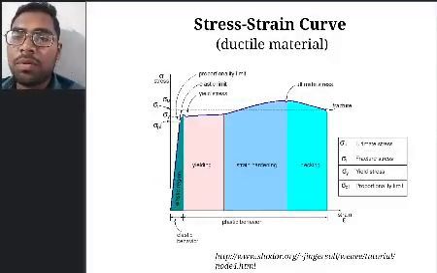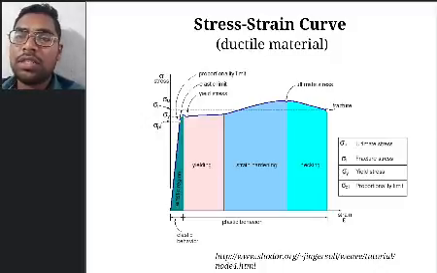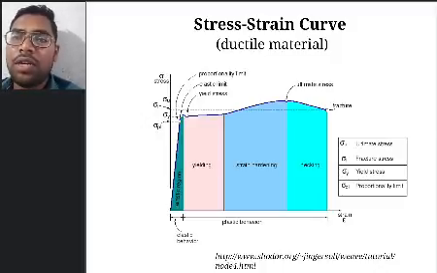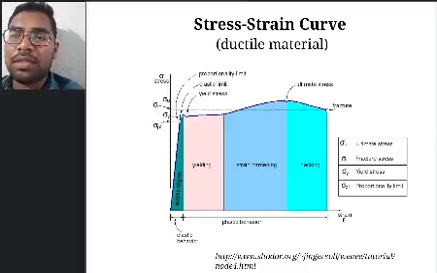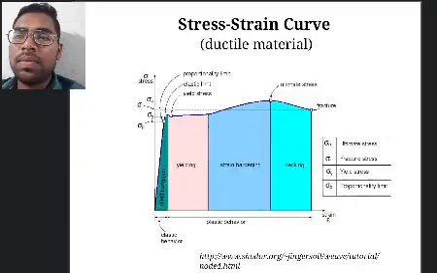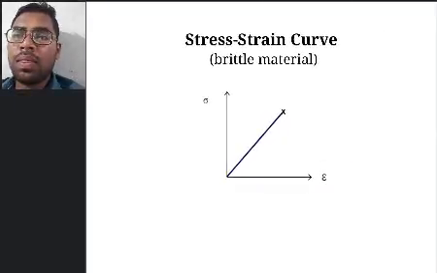Plastic property can be easily understood: if the load is applied, the object deforms permanently. That is, it does not regain its shape after the load is removed. The stress strain curve for a brittle material is only up to the elastic point or proportionality limit.